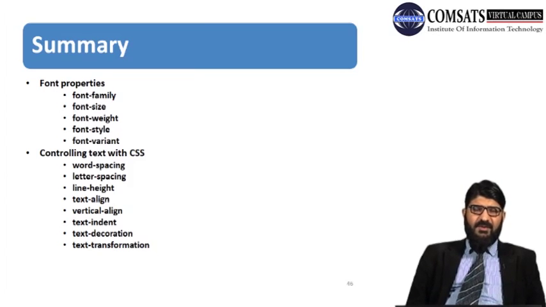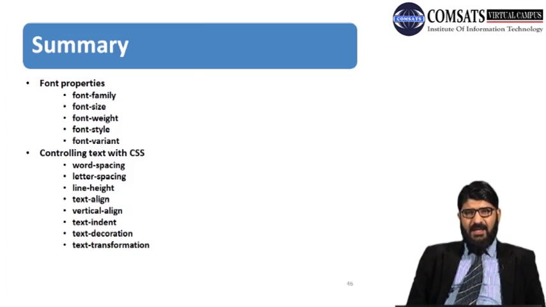For the font boldness, we have seen that font can be bolded by a specific numeric value. Then we have seen different font styles, and the default font style for the web browser is Times New Roman with font size 12 pixel. And then we have seen what is font variation, that is basically capitalizing the font or making it small.